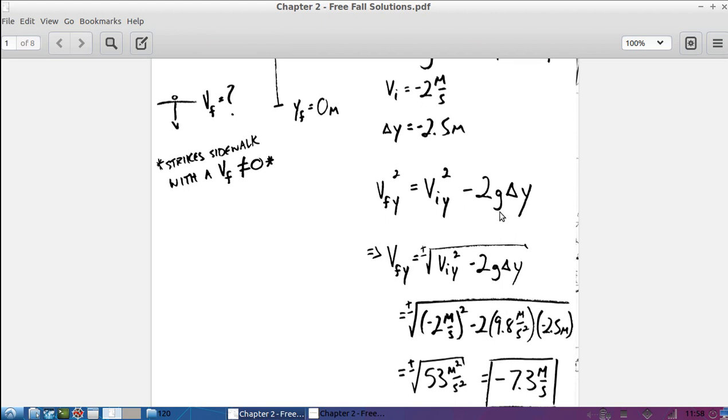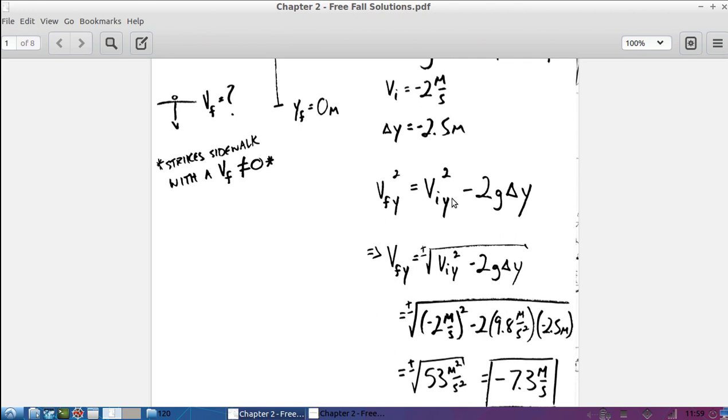And then for g, the magnitude of g is just 9.8 meters per second squared, I'm just going to plug the value of g in here. This negative sign represents the vector property of the acceleration due to gravity. So I make this sign negative and I plug positive g in for the acceleration.